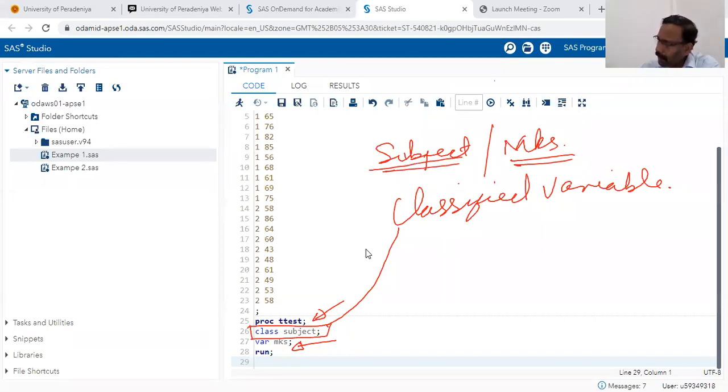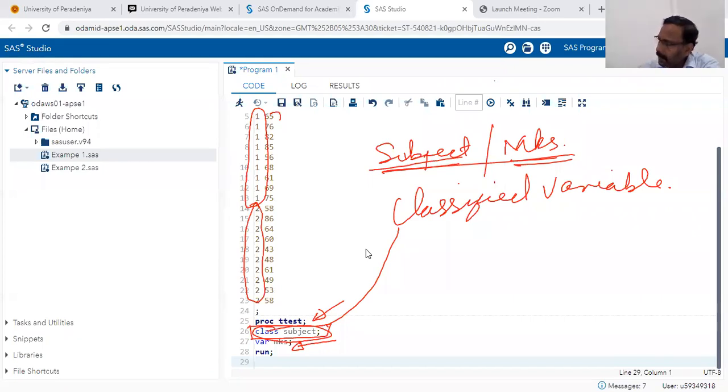Among these two variables, we will have to specify what is the classified, or grouping, variable. So the subject is the classified variable. Hereafter we will look at all the classified variables one by one.